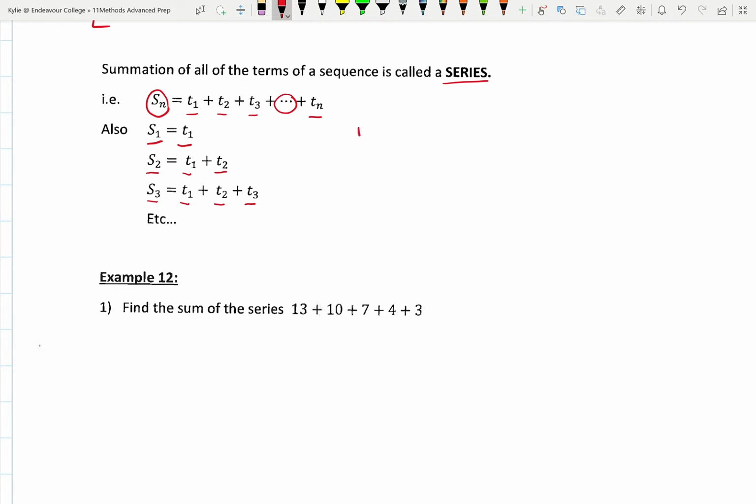But if we know, for example, S3 and S2, and a reminder that S3 is the sum of the first three terms of a sequence, and S2 is the sum of the first two terms, we can work out what the third term is. Because do you see over here that T1 and T2, that is actually S2, isn't it?